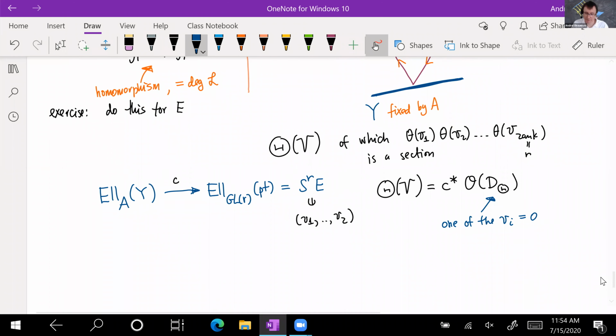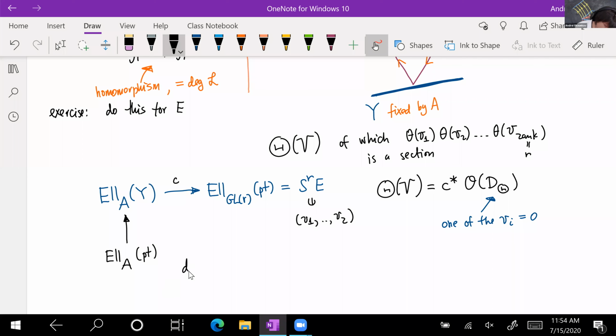Right? And so then since A acts trivially, we might as well consider the inclusion of a point here, and we can ask what's the degree of this bundle pulled back here.